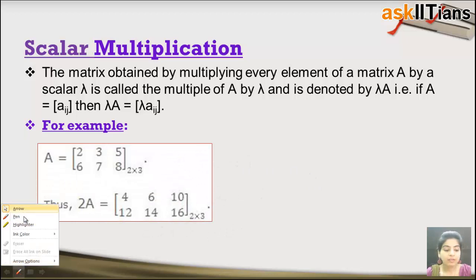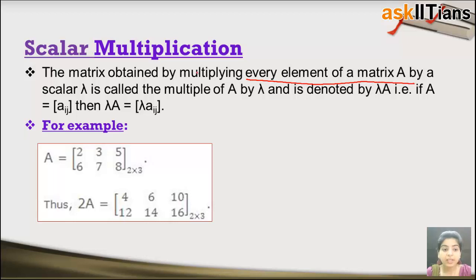Okay, so now we have scalar multiplication. What do we mean by scalar multiplication? The matrix that is obtained by multiplying each and every element of matrix A by the scalar lambda is called the scalar multiple of matrix A by lambda. And how do we denote it?